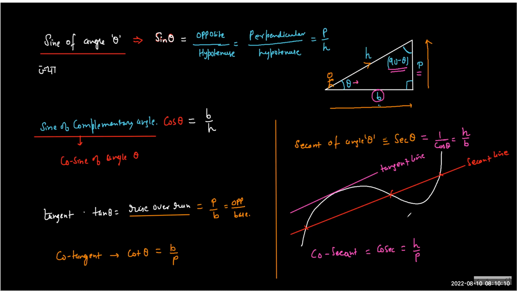Who is the complementary of sine? Cos. Complementary of tan? Tell me, guys. Complementary of tan is what? And complementary of sec? Cosec. That's logical. You can always understand which two are related to each other by the complementary relation.